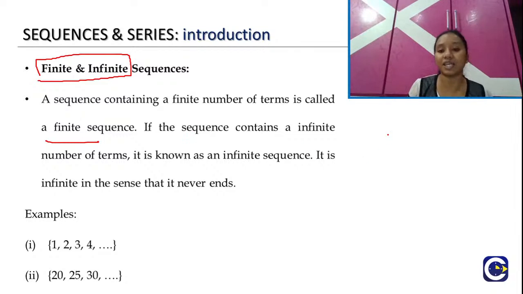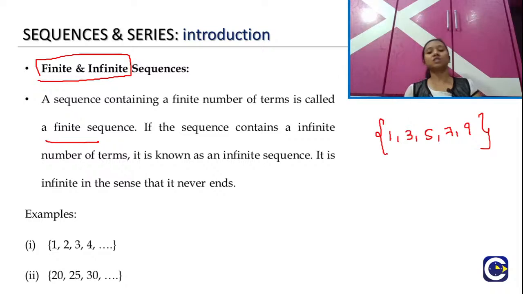So let's have a quick example here. 1, 3... So if this is my sequence, first what is the condition we have to check to call this set of numbers a sequence? So 1, 2 and 3. The minimum number of terms should be 3. So this is absolutely a sequence. Right.